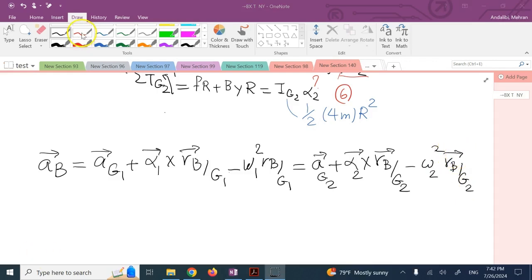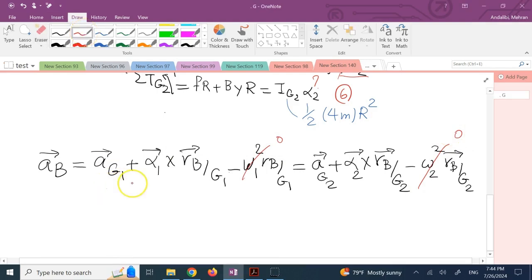Now note that the system here is released from rest. So both of these omega terms are 0. That is really good, you have some simplification. A of G1 here can be written in terms of the two unknowns that we have for it in equations 1 and 2. So this one can be written as x double dot of G1 in the i direction plus y double dot of G1 in the j direction.